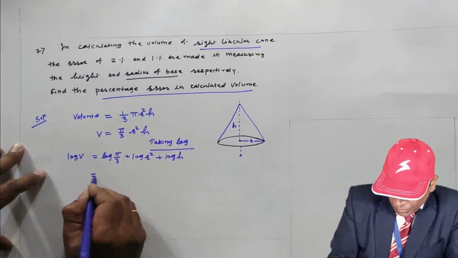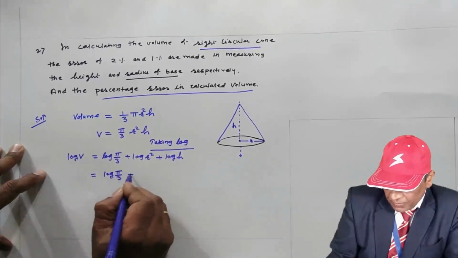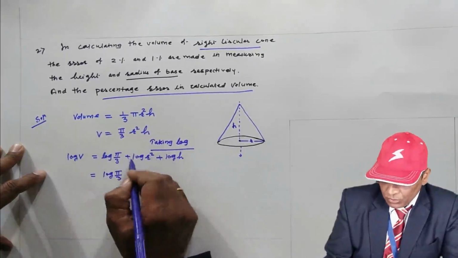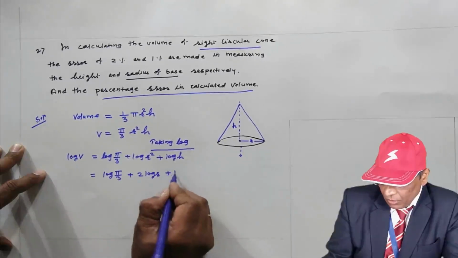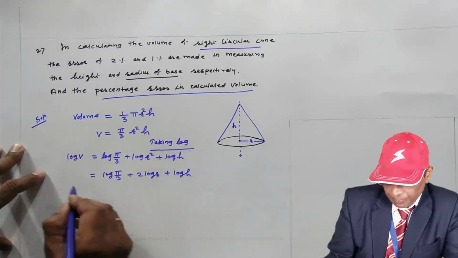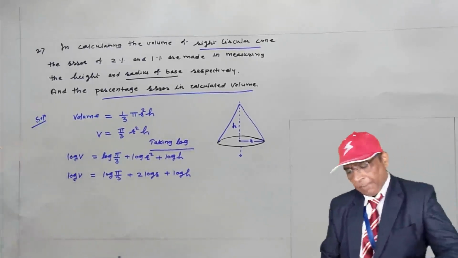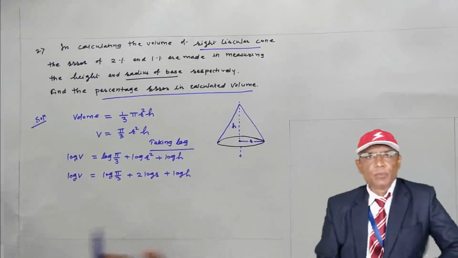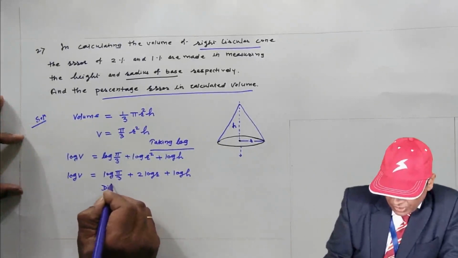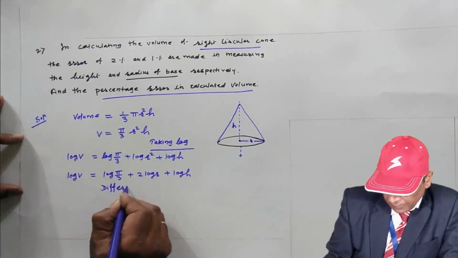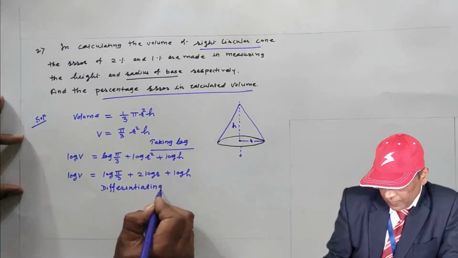Now log pi by 3, log of constant is constant as it is. And by law of logarithm, this 2 you can bring here, 2 log r, log h is as it is, and left hand side is log v. Once you simplify it, then take derivative, differentiating both the sides.